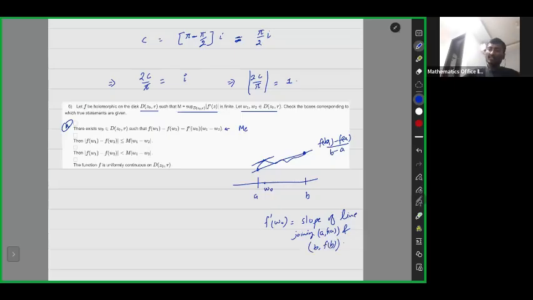But in the complex plane we don't have intervals, but we have disks. So is there some w naught at which the derivative matches this complex number?